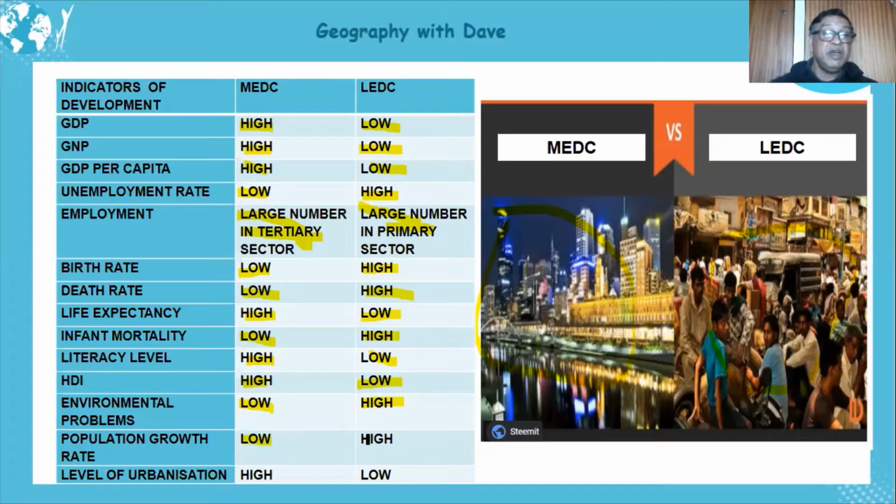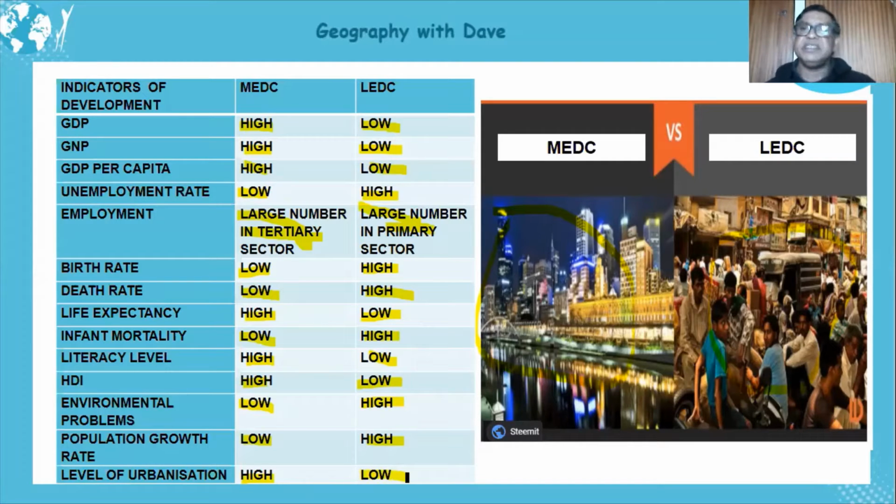Population growth rate: in the MEDCs, they don't have as many children in terms of birth rates, so the growth rate is lower, whereas in the LEDC there's limited control, in terms of the various factors I mentioned, and it's higher there. The level of urbanization is high in the MEDCs and low in the LEDCs.